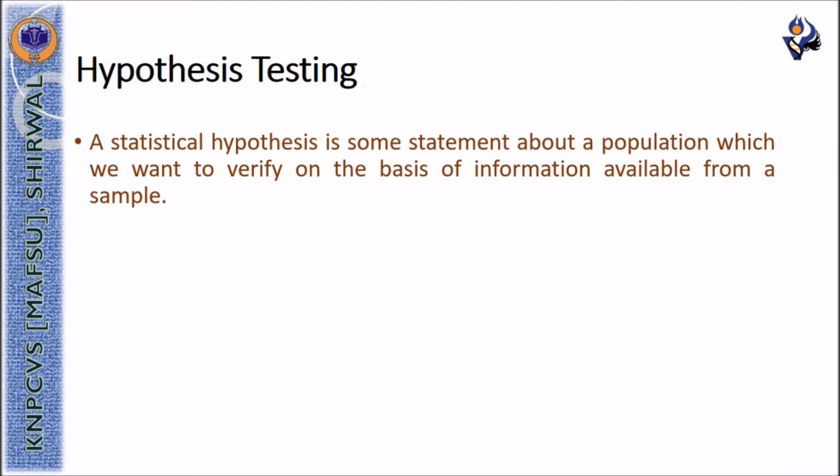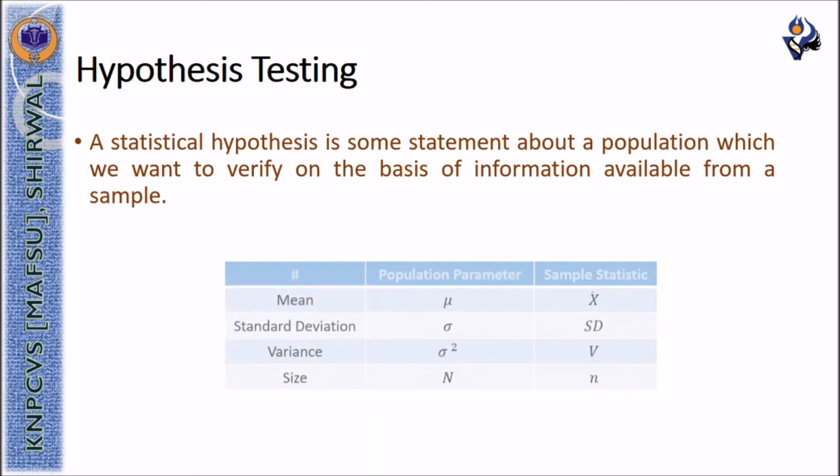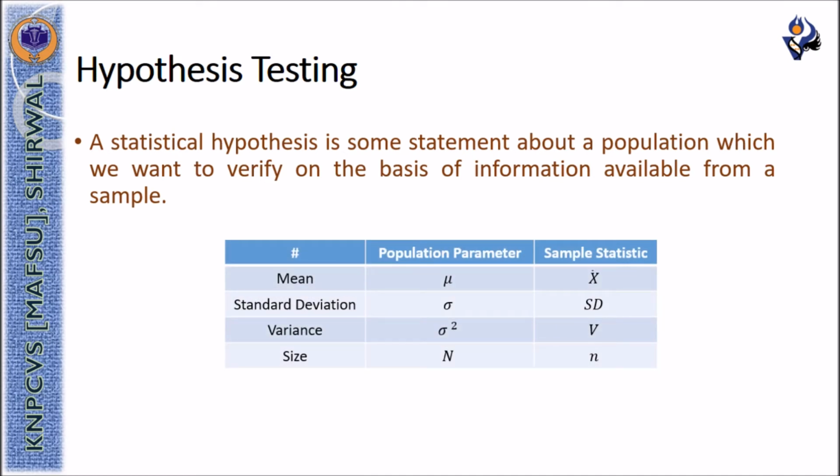A statistical hypothesis is some statement about a population which we want to verify on the basis of information available from a sample. We are very well familiar with the terminologies population parameter and sample statistic.